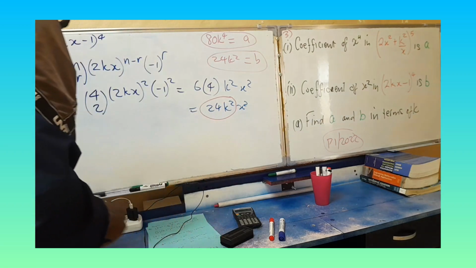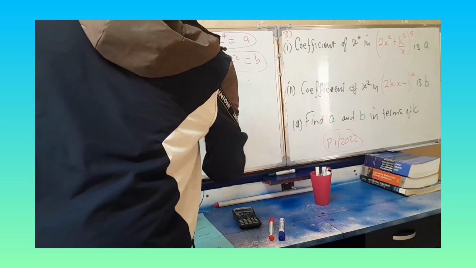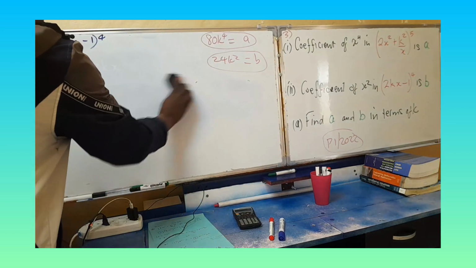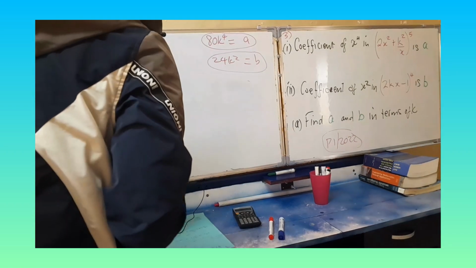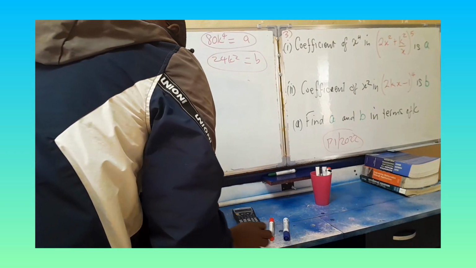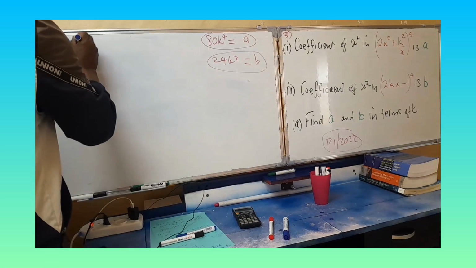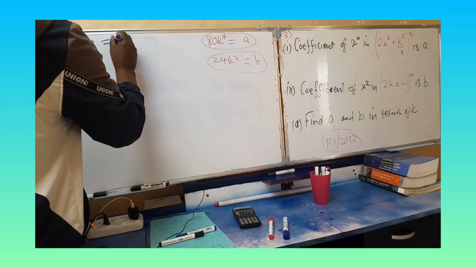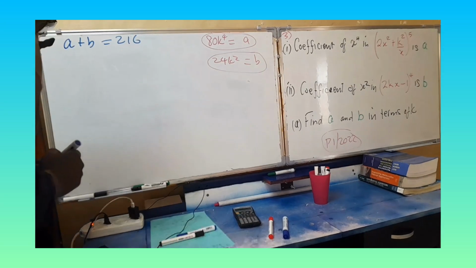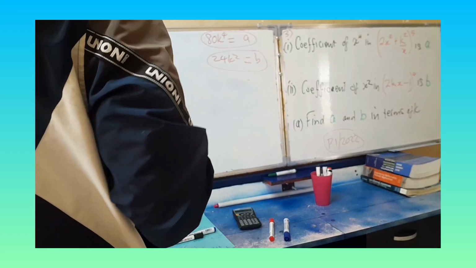It says, given that a plus b is equal to 216, find the possible values of k.